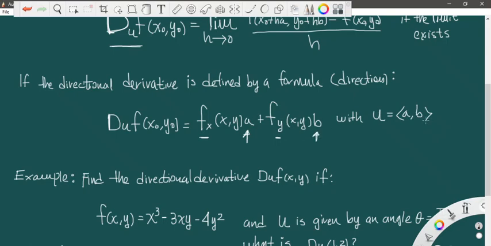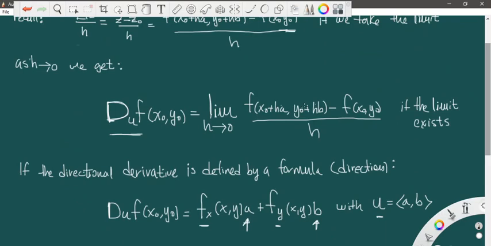And a and b are the components of u. Okay, this is only a simplified form of this ha and hb. This is going to be a and this is going to be b.